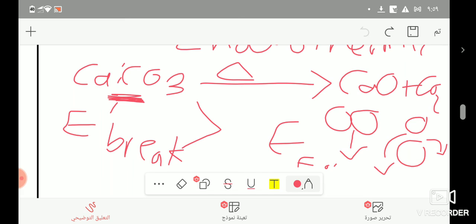So there is a need for an outer source of temperature, because the breakdown of the reactants consumes all the energy released from the products and also needs an outer source of energy.